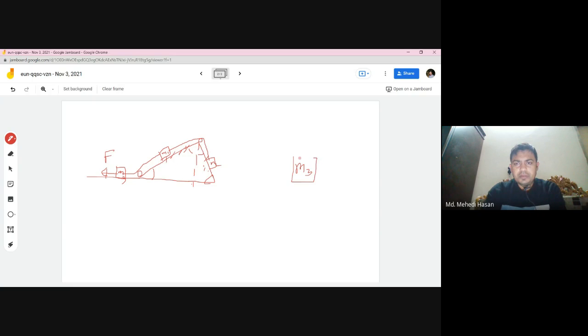ইকুয়েশন যদি বলো, M3, this is the surface X and Y. Okay, force is acting along that direction F, and tension in this string, say we are considering tension is acting along that direction, which is say T13.